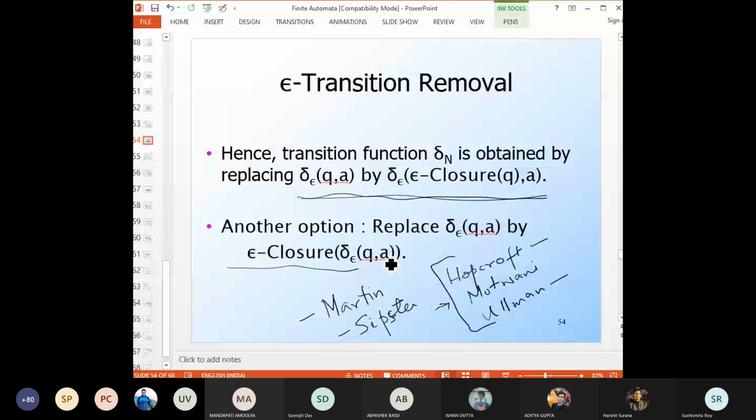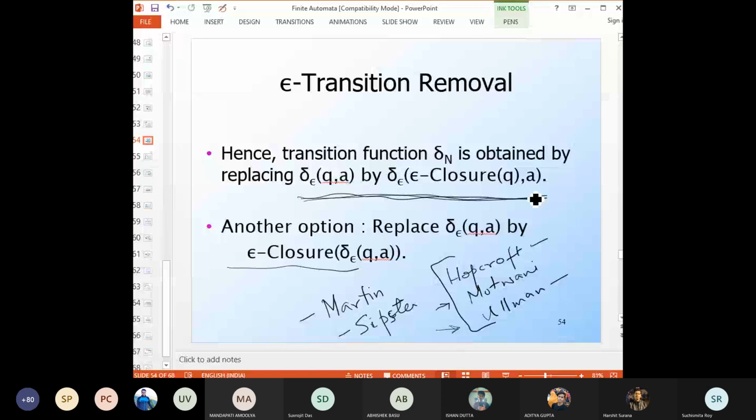But both are correct. Most of these slides have been provided; I have also put the link at the beginning of my presentation. They are the slides used by Jeffrey Ullman himself in Stanford University. So in the slides, he presents this particular option, which we have used in the previous example. But both options are correct.